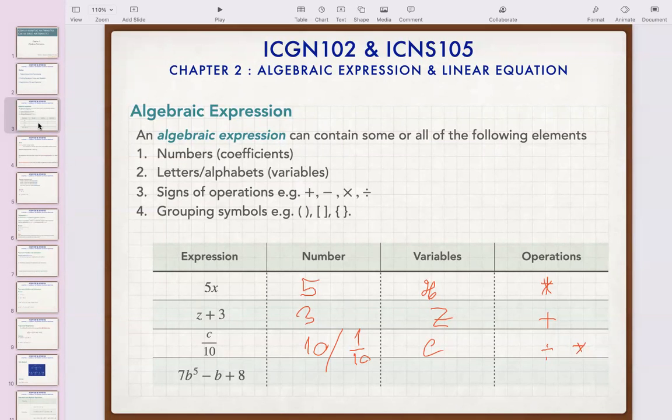Okay. Now, next one, 7b to the 5 minus b plus 8. Tarasin.